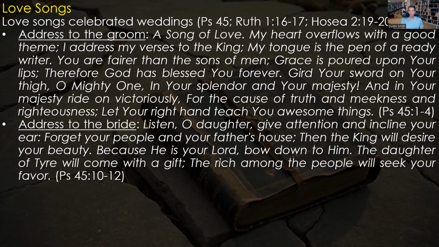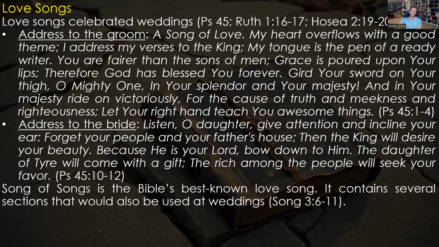But you get the sense here of how exalted this human king actually is. Look at the sort of language that's actually given to him. But it's important to see in this song how the people being addressed are being changed. It starts by addressing the groom and then addresses the bride.